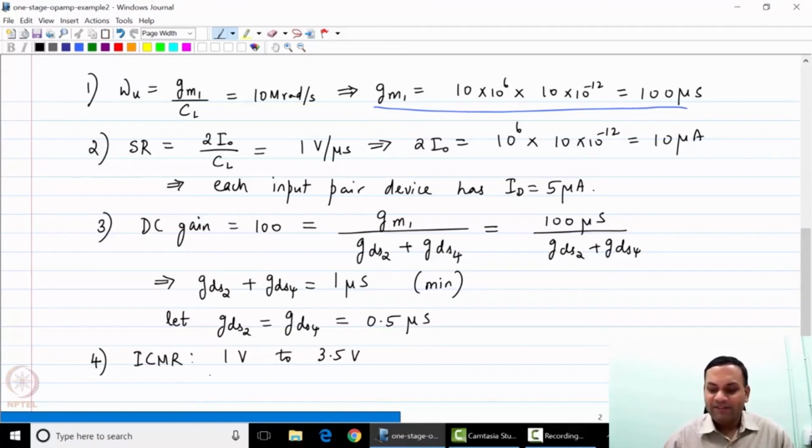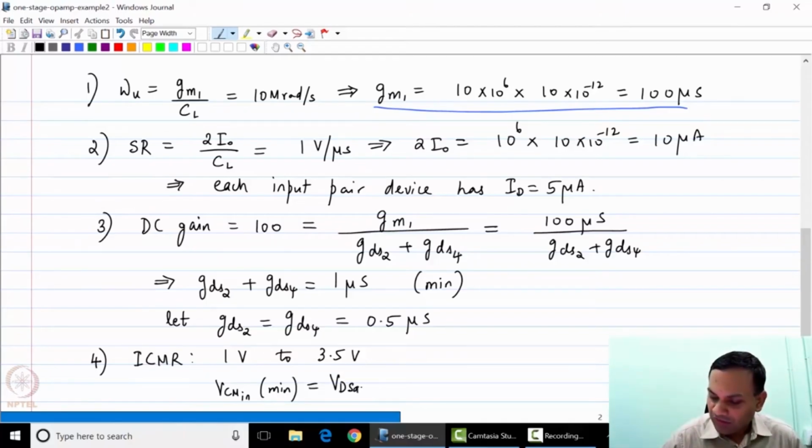Please remember that for the one stage op amp we have seen so far, the minimum input common mode is equal to VD sat of M0, which is the current source, plus VGS of the input transistor. Now clearly the threshold voltage of the device is already 1 volt.